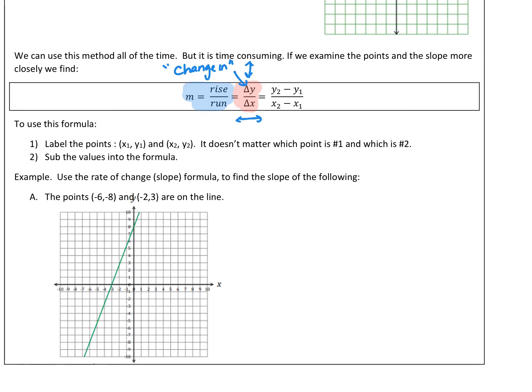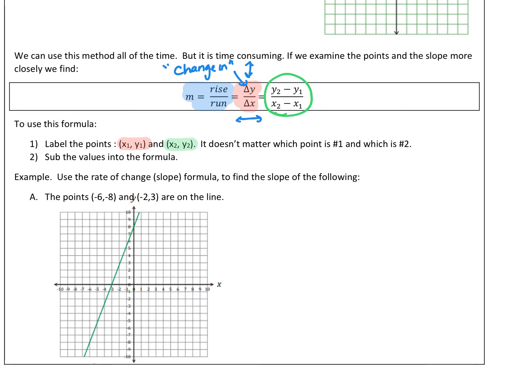Now, another way of doing that is there's this slope formula, which says I'm going to take y2 minus y1 over x2 minus x1. To do that, what I do is I label each of my points. It doesn't matter which you pick, but pick one of them to be point 1, and you're going to call it x1, y1, and the other one to be point 2, and you'll call it x2, y2.